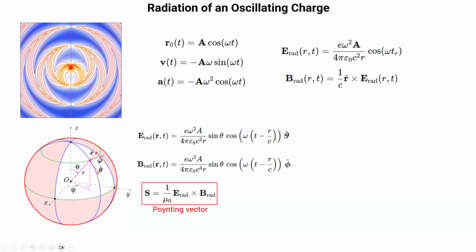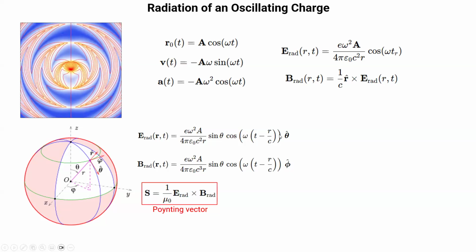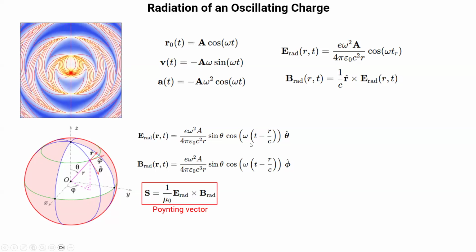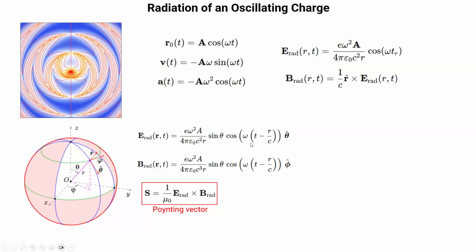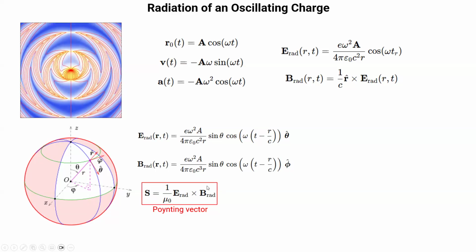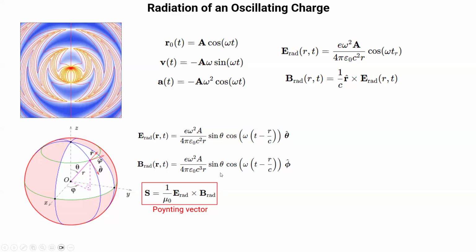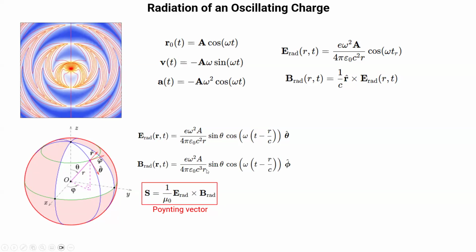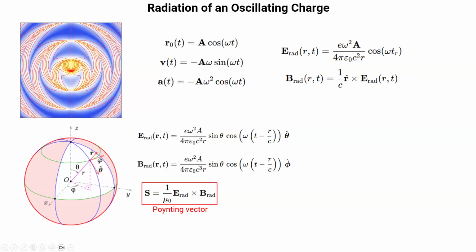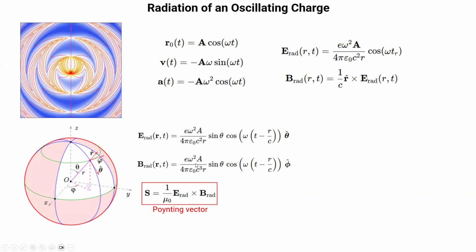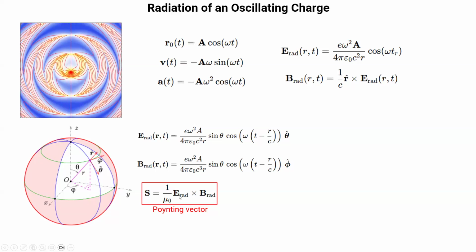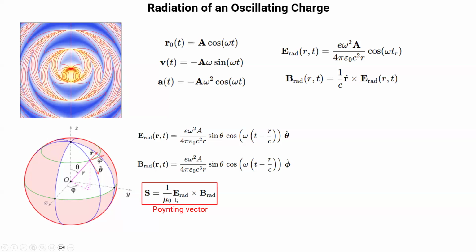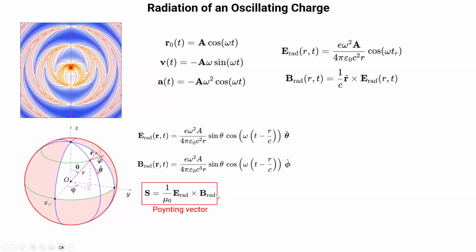In order to describe how the radiated power is distributed in space, we introduce the quantity called the Poynting vector. The Poynting vector is an important quantity, which is simply the cross product of the radiated electric and magnetic field.